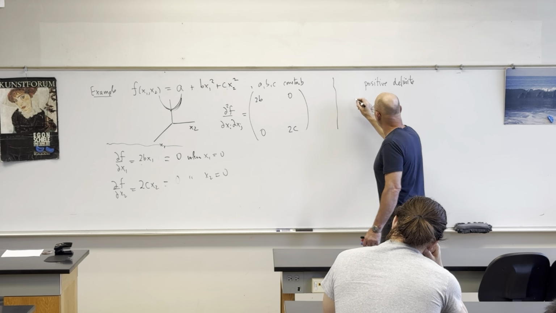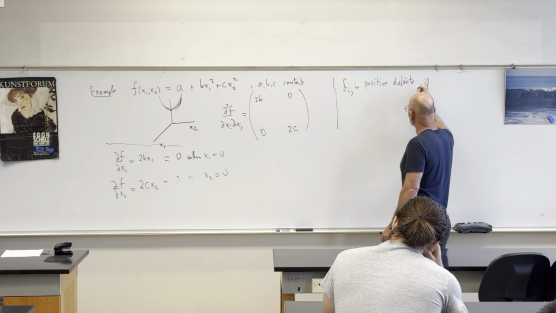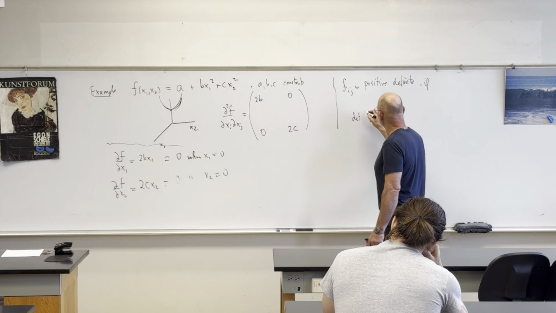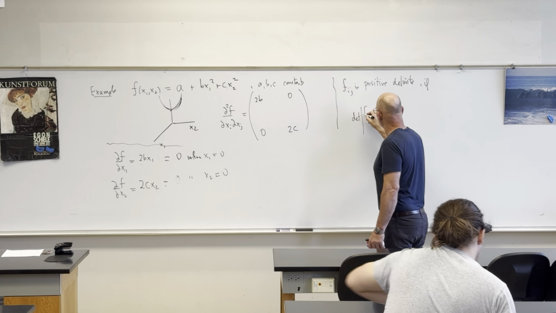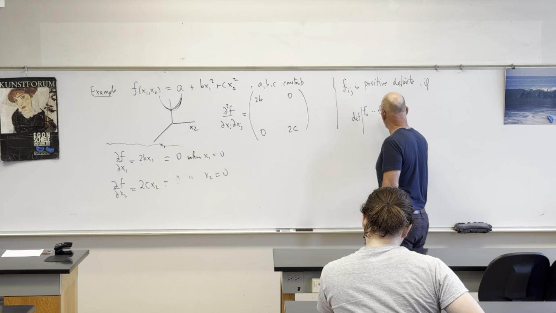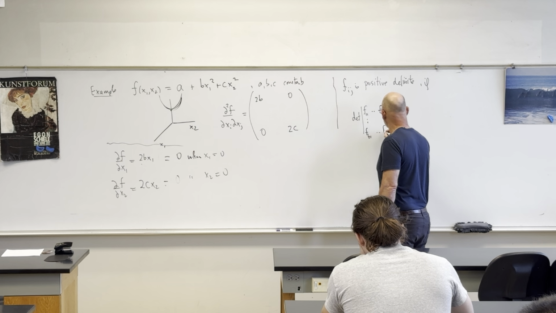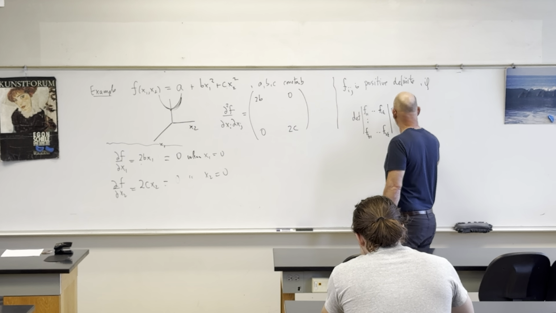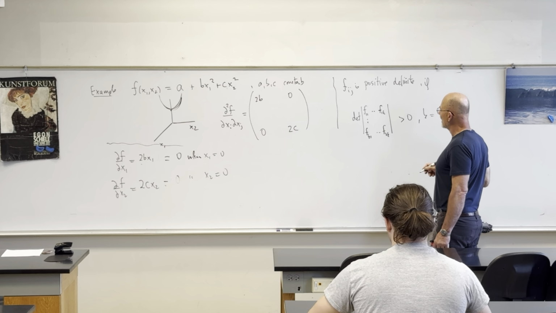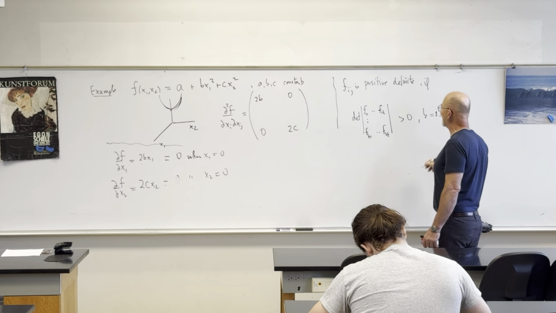So f ij is positive definite if the determinant of f11 ... f1k, fk1 ... fkk is greater than 0, for k equals 1 to n.